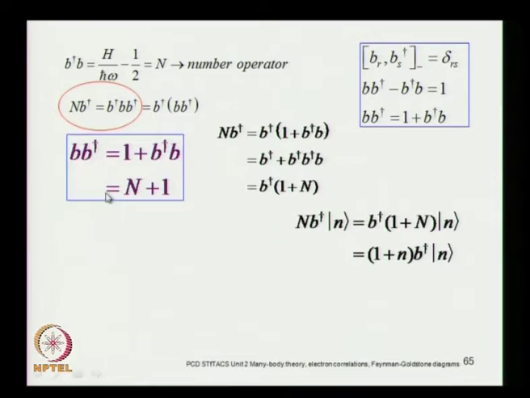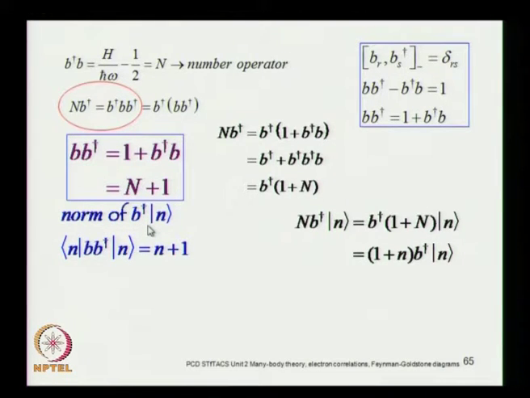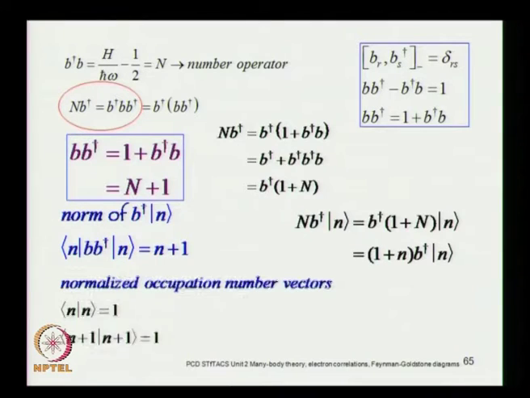So, now this is the primary result which we have used, and if you now look at the norm of b dagger n, you find that this norm is equal to n plus 1. What does it tell you for the result b dagger operating on n?